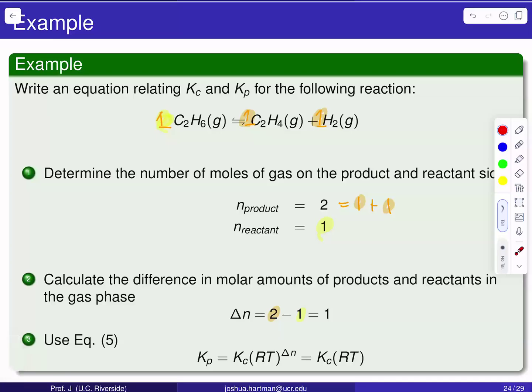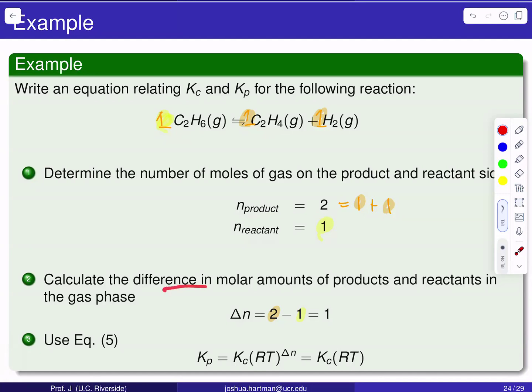All right, so let's work through a quick example to make sure we're understanding what we're doing here. If we want to write down an equation relating Kc and Kp for a given reaction equation, the first thing you want to do is figure out the number of moles of gas on the product and reactant side. In this case, on the product side we have 1 and 1, a total of 2 moles, and 1 mole on the reactant side.